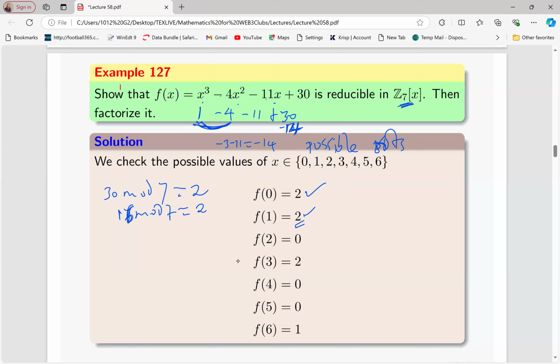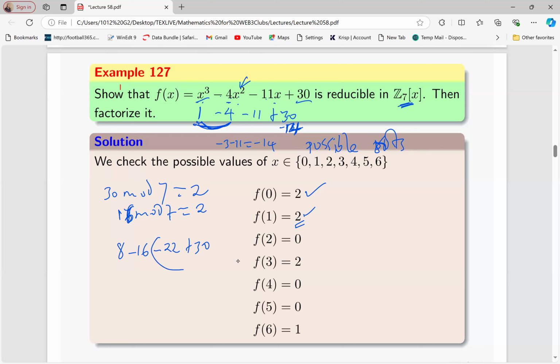What about 2? 2 cubed will be 8. And then 2 squared is 4, 4 times 4 will be 16. And then 11 times 2 will be 22. Then plus 30. We are doing it mod 7, so in fact, if you want, you can begin reducing mod 7.